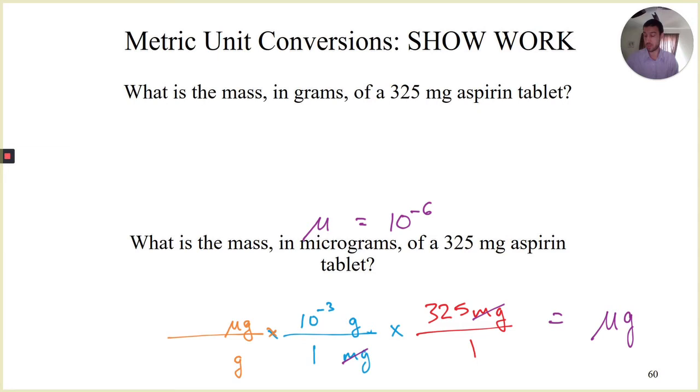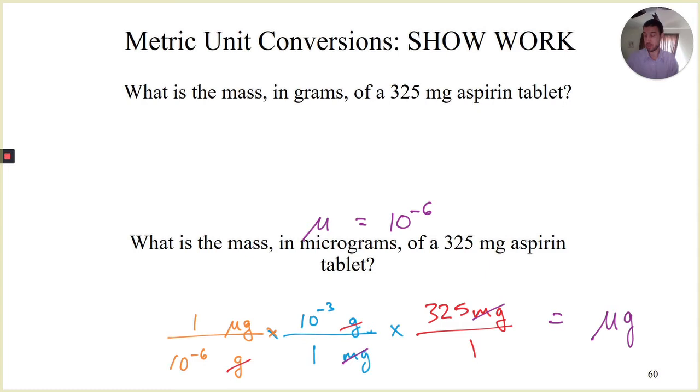That conversion is explicitly given to me now. 10 to the negative 6th grams, core unit, 1 microgram. If I look at my units now, my units cancel out and the only unit I would have left on the left-hand side is microgram, which means now I can run through the calculation to solve this out and I could get my final answer.